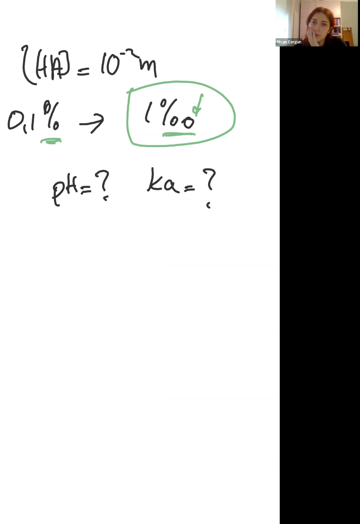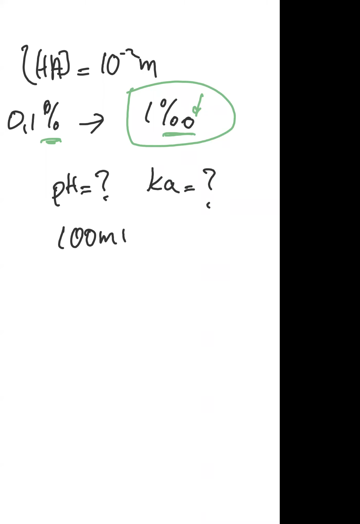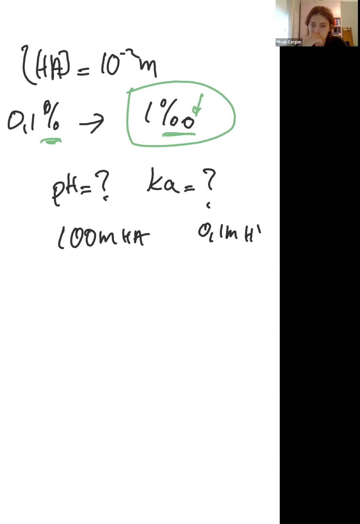First, we can ionize it as X, X. If 100 molar of HA will produce 0.1 molar of hydrogen plus, what will be the result for 10 to minus 2 molar?